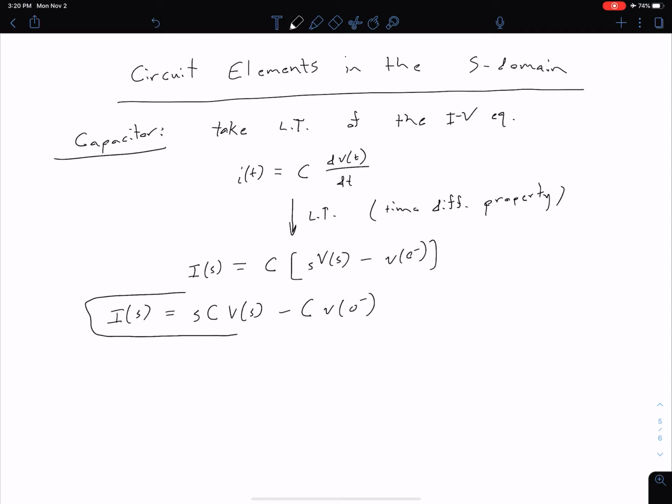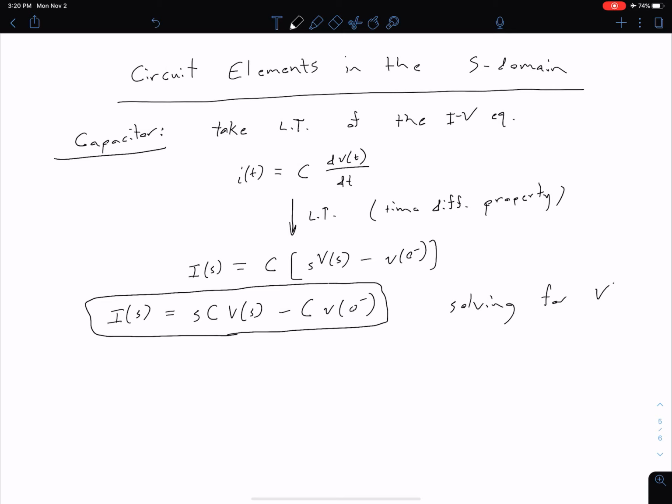And so again, like we saw with our inductor, this second term, C v(0-), is going to represent our initial conditions on our capacitor. So we could also solve for our voltage instead.